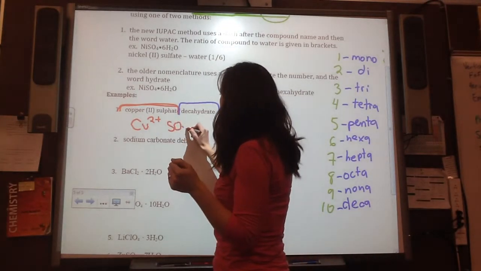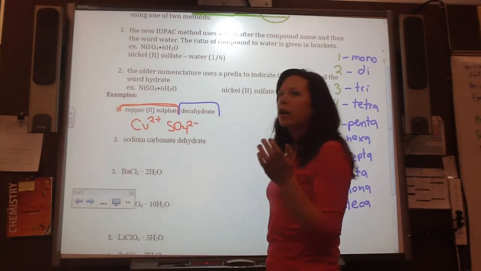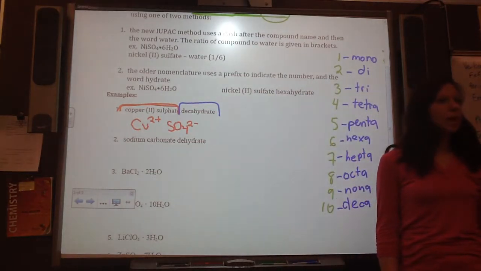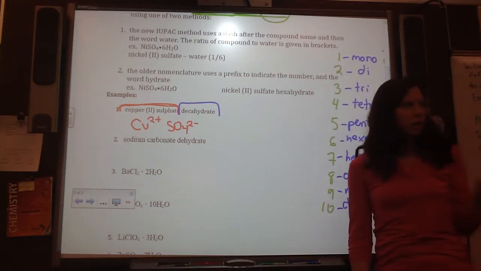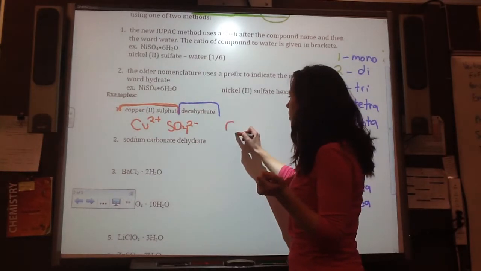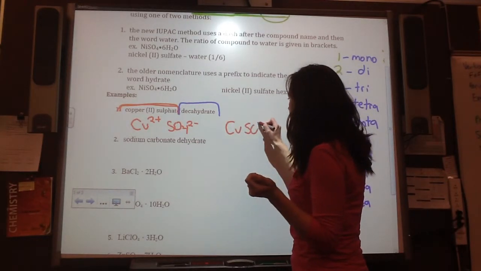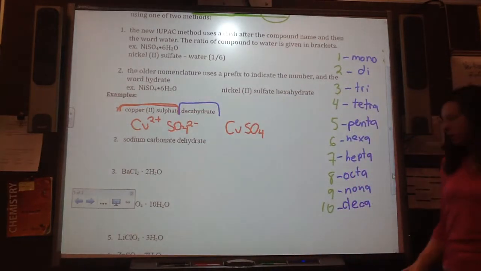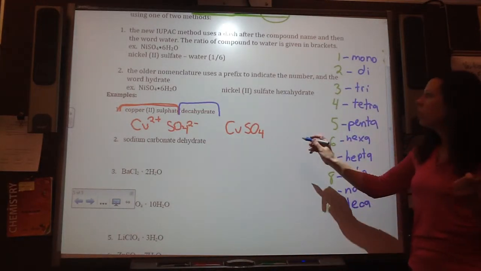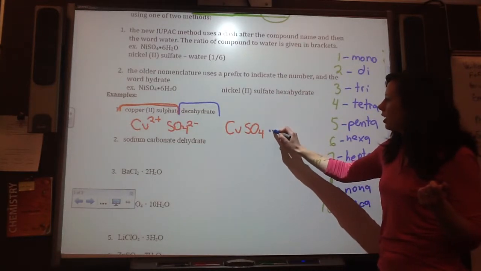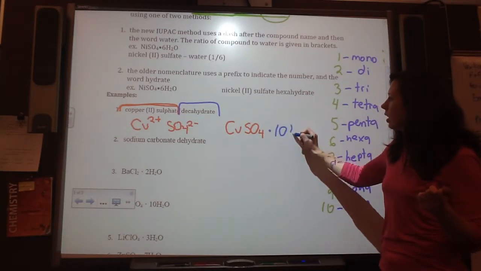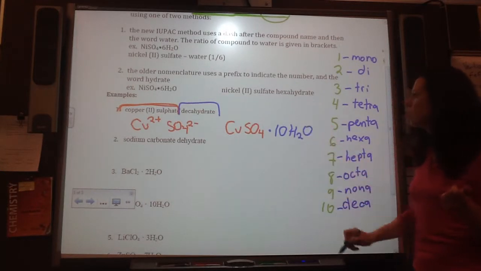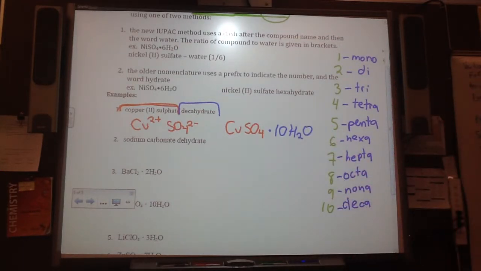So when I crisscross, since they're the same numbers to crisscross, I can just write it as CuSO4. And deca, what did deca mean? 10. So then I put a dot, and then I go 10 H2O. So the dot just separates, saying that the water's been attached on.